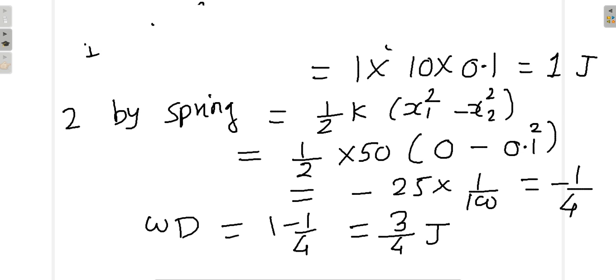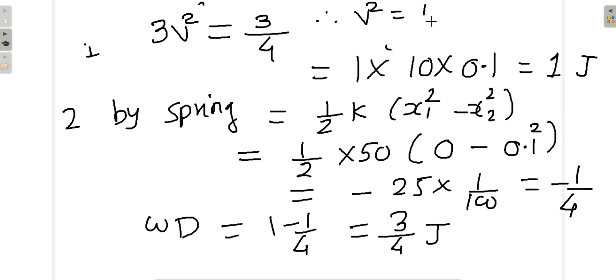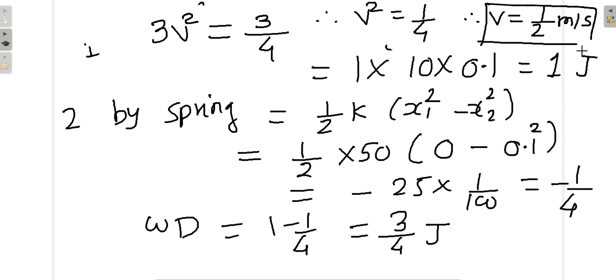Change in the kinetic energy was 3v square and work done is 3 by 4 joules. That gives me v square as 1 by 4, that is v as 1 by 2. So this is your final answer. The velocity of the block is 1 by 2 or 0.5 meter per second.